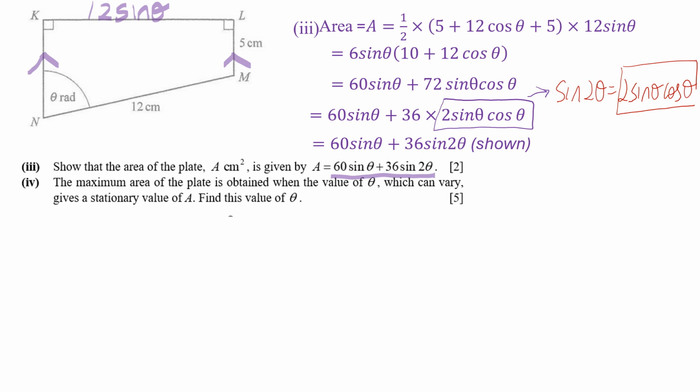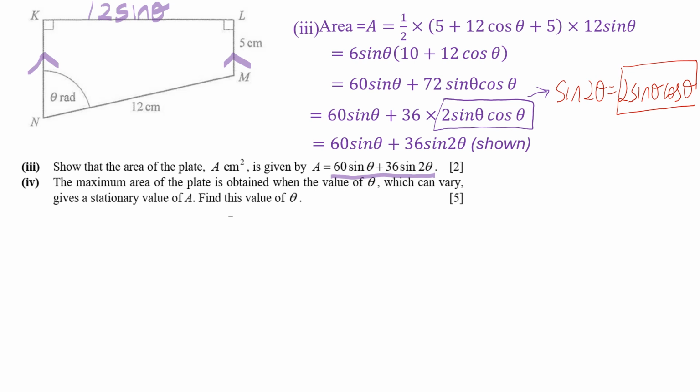If you express it as 36 sine 2 theta, it is easier for us to differentiate. If you leave it as 72 sine theta cos theta, I have to use the product rule, which involves more steps. So we need to appreciate why the question wants us to go the extra mile: to make our life easier for part 4.